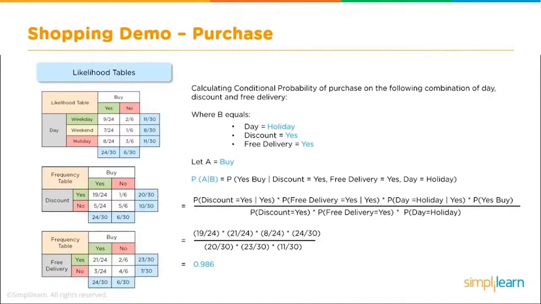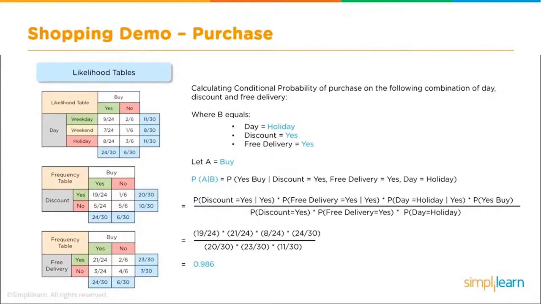And that's where we get 19 over 24 times 21 over 24 times 8 over 24 times P of A, 24 over 30, divided by the probability of the discount, the free delivery, and the day: 20 over 30 times 23 over 30 times 11 over 30. And that gives us our 0.986.